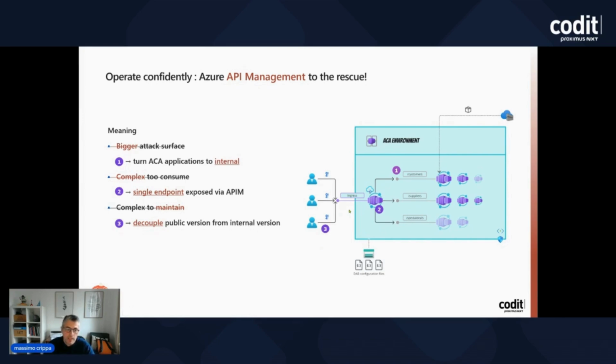By also introducing this gateway, I will be able to decouple the version that I'm exposing to the outside world from the version that I have internally. So I can decouple the life cycle of this facade object from the life cycle of the object that I have here at the right of this picture.